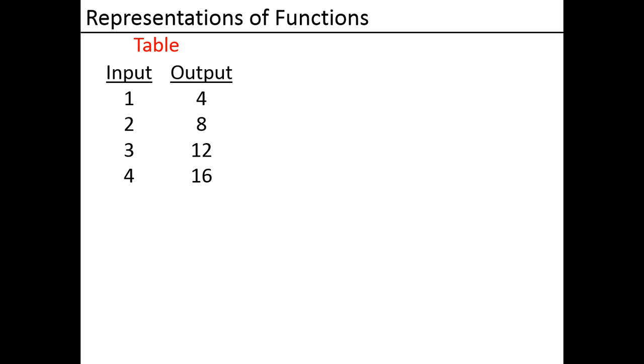So for example, an input of 1 only has an output of 4. An input of 1 doesn't also have an output of something else. And an input of 2 also has an output of 8, but nothing else. It is the only output for that input. So if every input has one and only one output, then we do have a function.